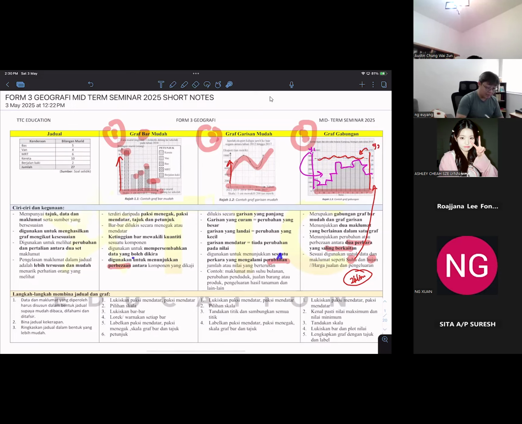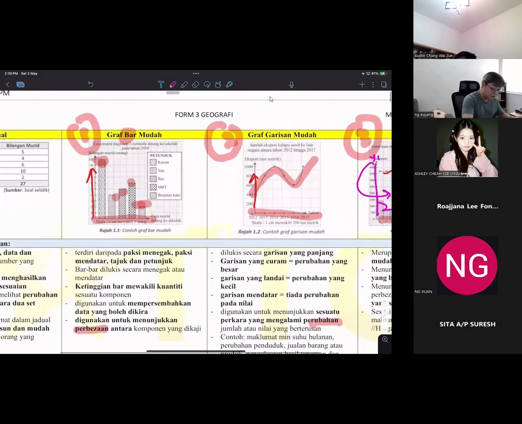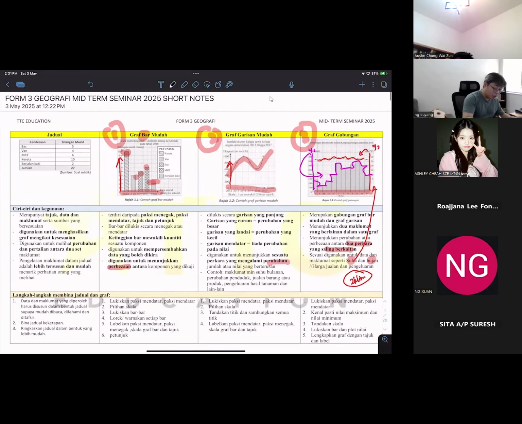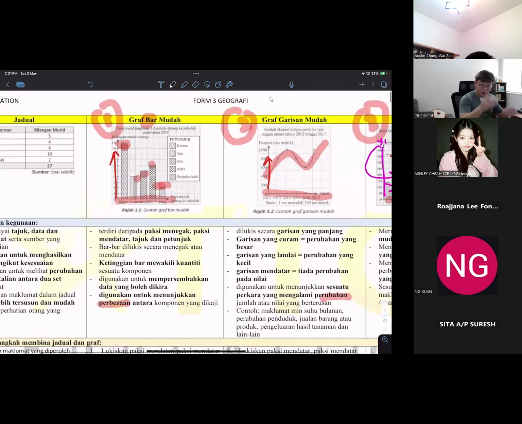Okay, so other than the main points here for perbezaan perubahan, you still have to be careful on drawing the graph bar and graph garisan, because when you are drawing the graph bar, I'm using another different color so that you can circle the differences. When graph bar and graph garisan combine to form your graph gabungan, right? So graph bar trying to draw for all the different bar with spacing in between.